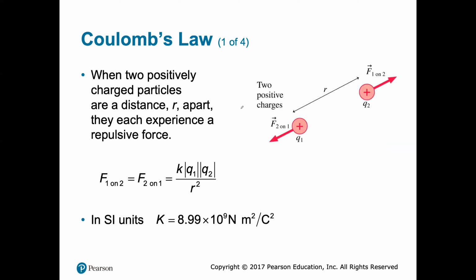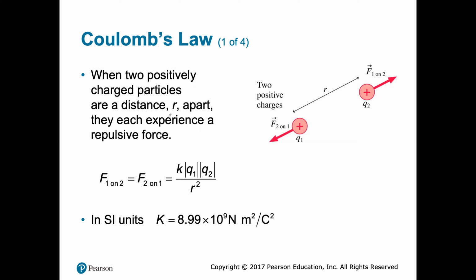Okay, so from now, we're going to introduce an important equation, which is Coulomb's law. Coulomb's law is an equation that quantitatively calculates the magnitude of the forces between charges and also indicates the direction of the forces between two charges. When two positively charged particles are at a distance of r, they each experience a repulsive force, shown in this figure.